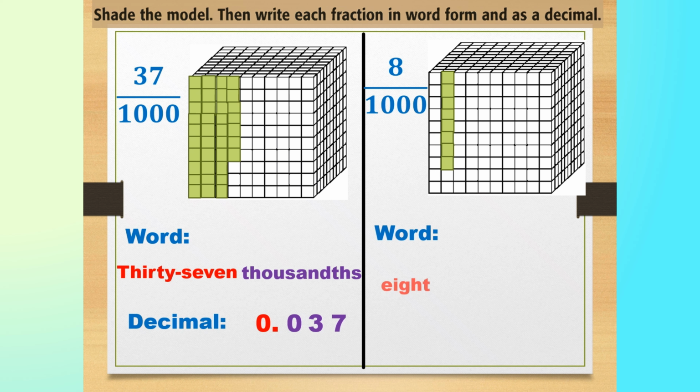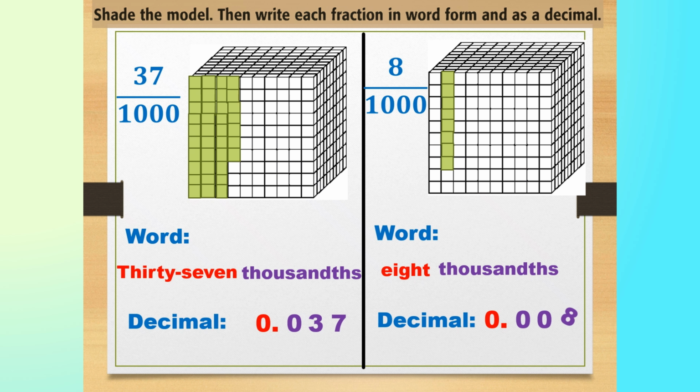In word form, it is 8 thousandths. And as decimal, it will be written as 0.008. Good job!